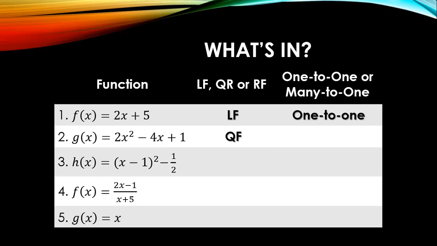Kasi po, ang degree ng ating function ay 2 and wala naman tayong nakita na denominator. So this is a many-to-one function. A quadratic function is always many-to-one, while yung linear is always one-to-one.